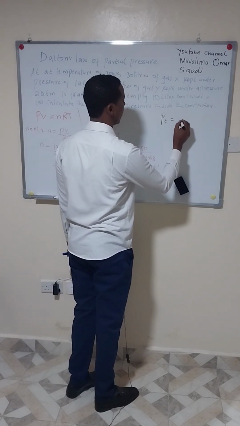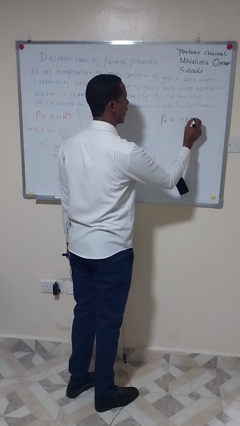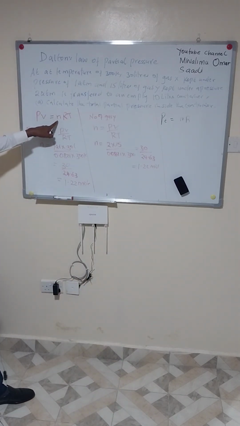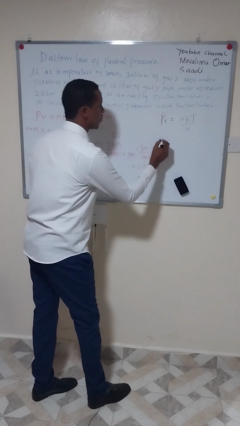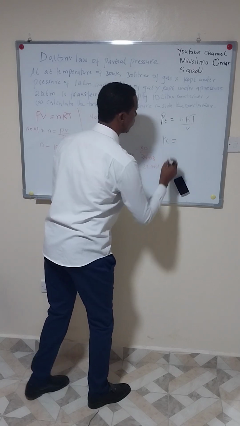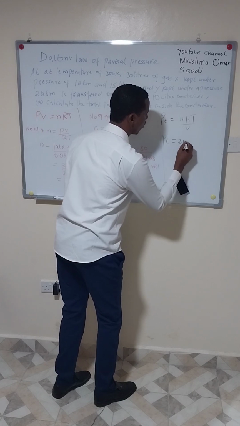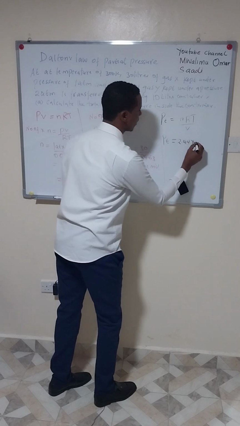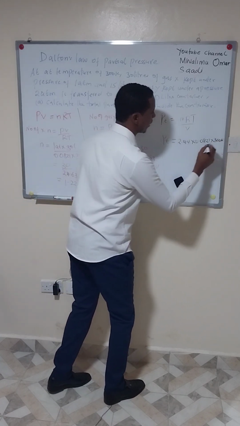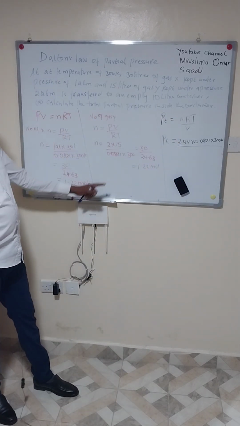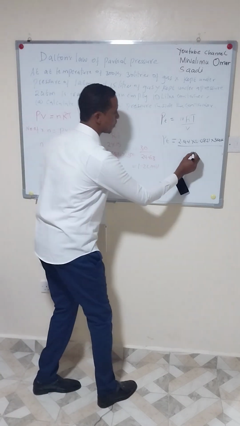So total partial pressure is equal to nRT all over V. So we'll have partial pressure total is equal to, since we have our number of moles, we add 1.22 plus 1.22, that is 2.44 multiplied by R, which is a constant, 0.0821 times temperature, which we are given 300 K. So all over, the volume of the two gases is 10 because it was transferred to an empty container that is 10 liters. So we divide this by 10.